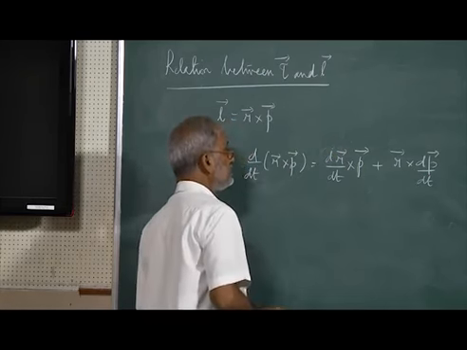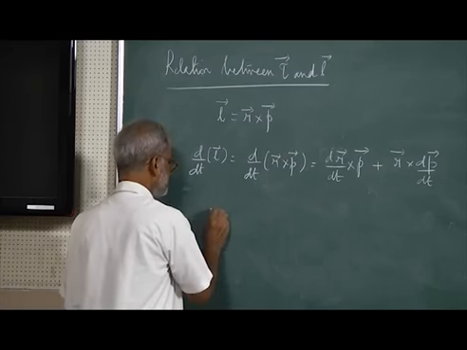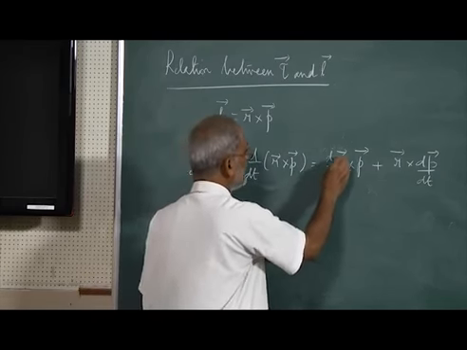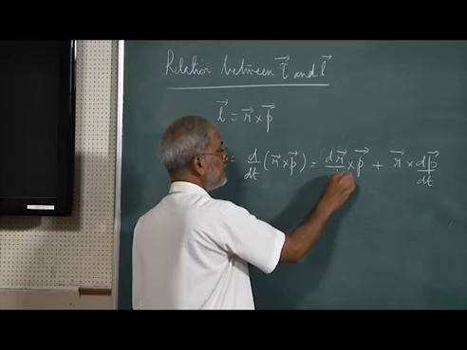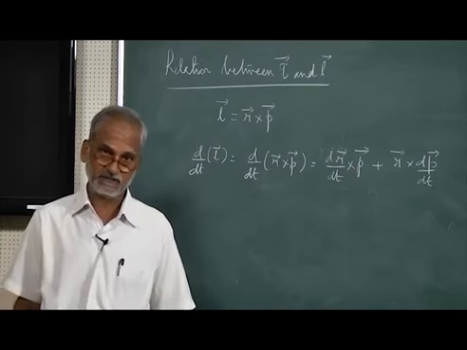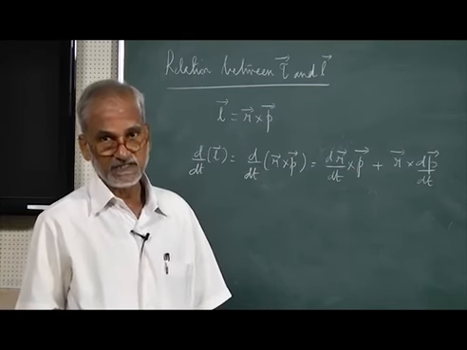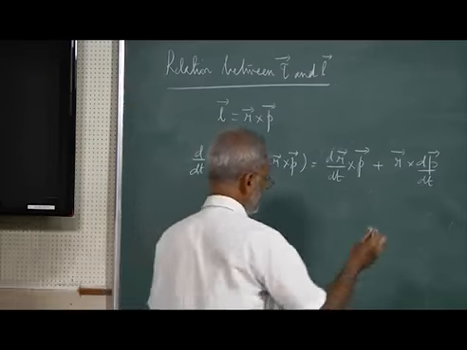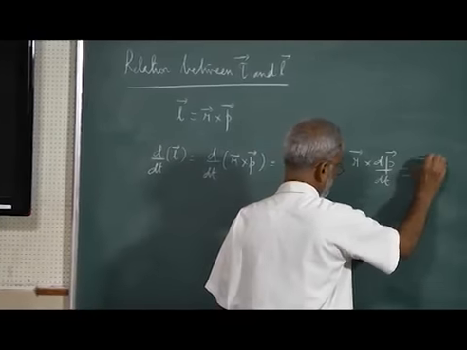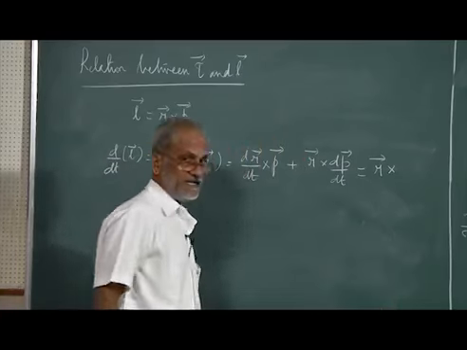dr by dt is going to give you the velocity vector. Velocity crossed with the momentum vector is what? Momentum is m times v, therefore that will vanish. So you are simply left with, what is dp by dt?